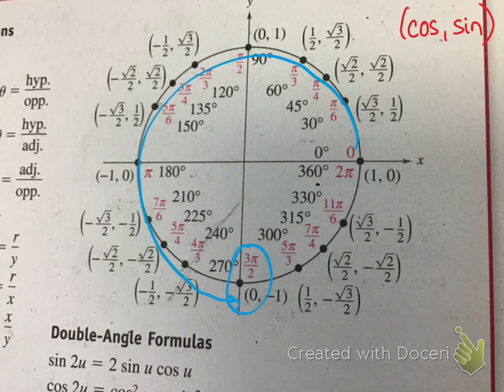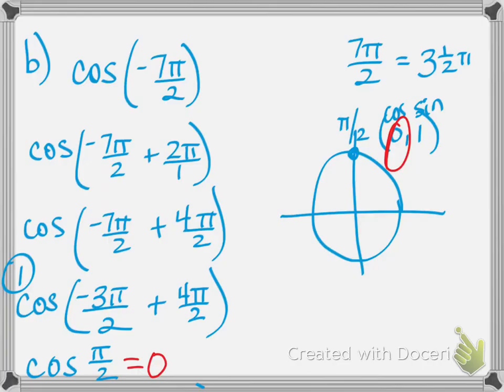So negative 3 pi over 2 is all that much. So it's the same thing as positive pi over 2. So we are using this ordered pair, and the cosine is 0. That was the second way.